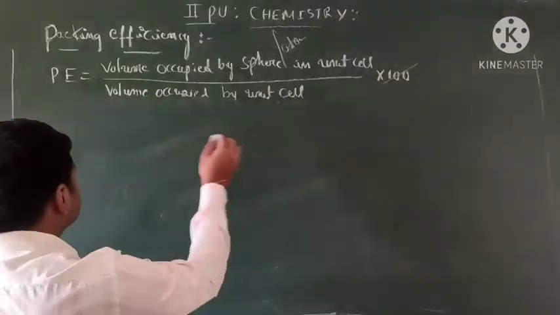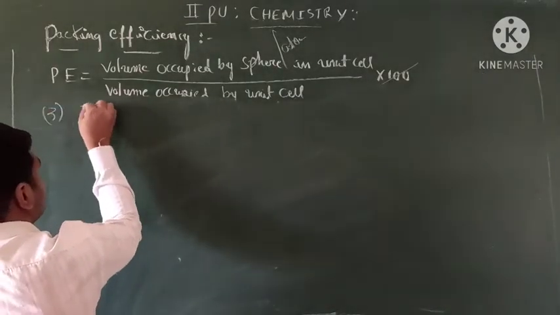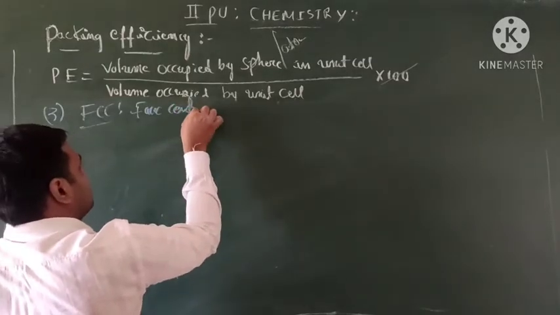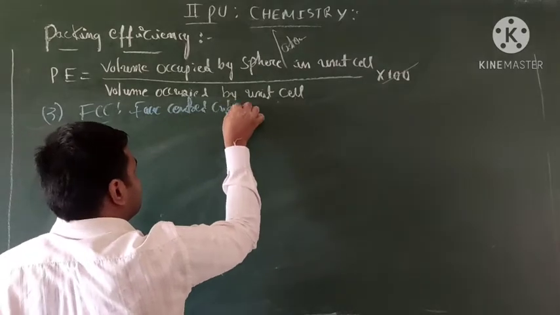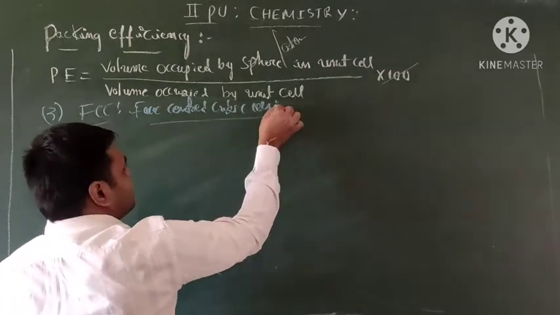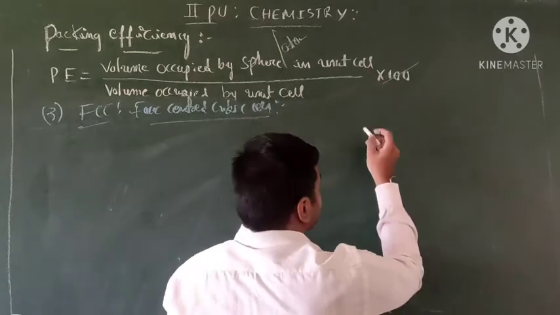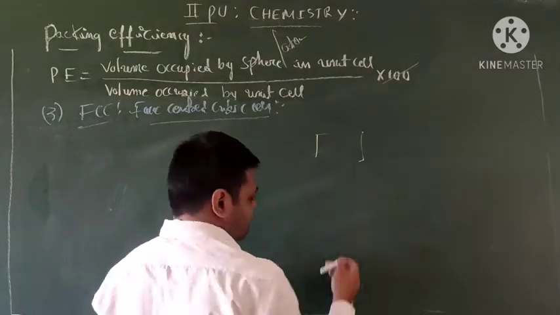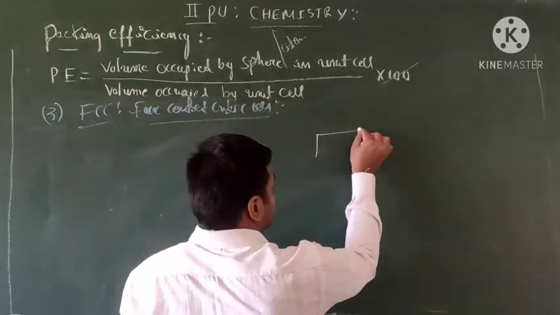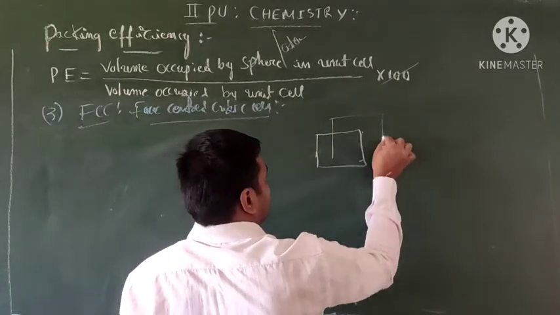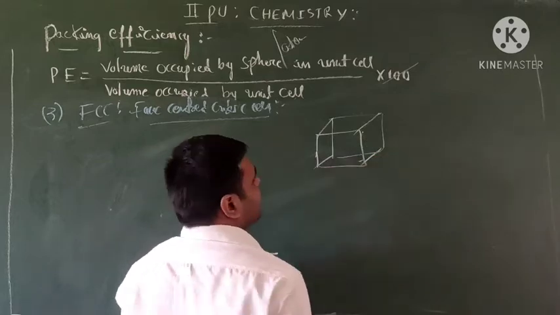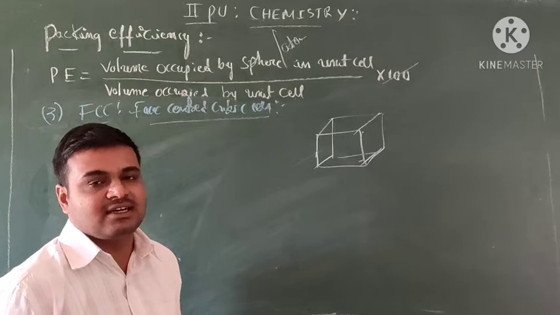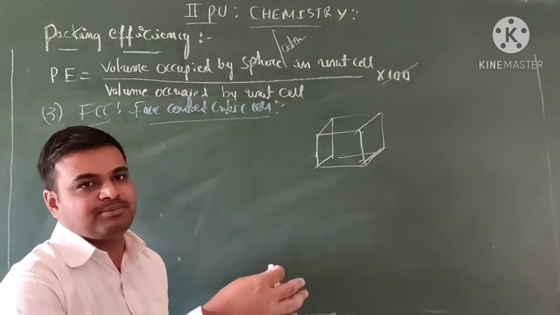Face centered cubic cell, the third one, FCC. In this structure, you can draw the structure of the face centered cubic cell. How many particles or atoms are possible? 14, meaning 8 plus 6.